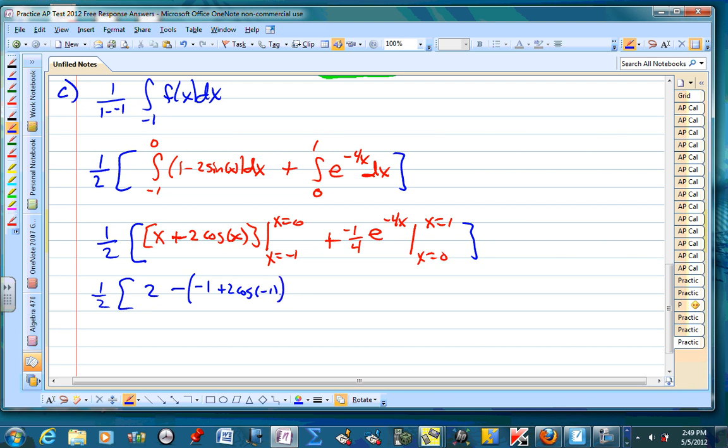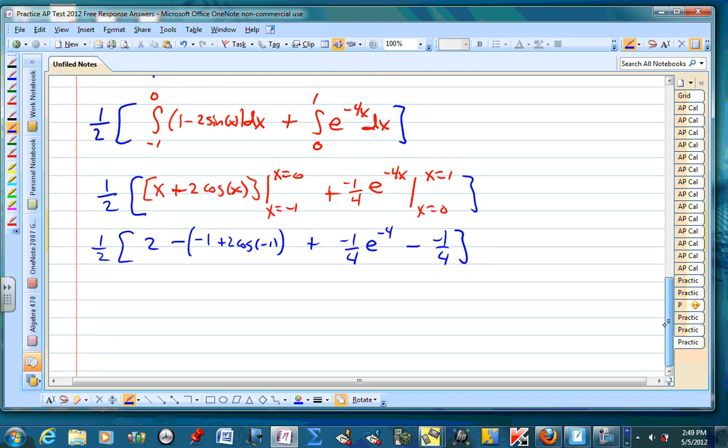Okay, whatever that is. And then plus, let's see, negative 1/4 e to the negative 4 times 1, negative 4. Then minus negative 1/4 e to the negative 4 times 0, which is going to be 0. Everything with 0 is 1.